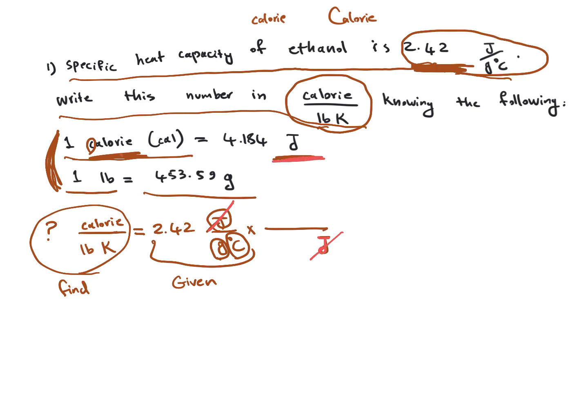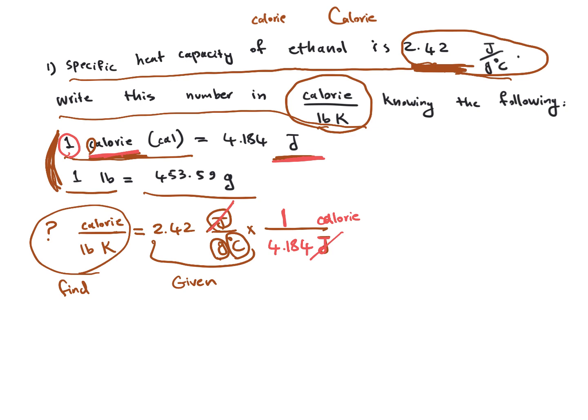We want to convert that to calorie, so I write calorie, and remember this is a small letter, calorie in the numerator. 1 calorie equals 4.184 joules.